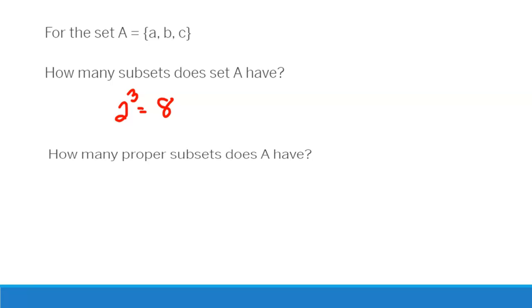So 2 to the third power is 8 subsets. For proper subsets, we can't count the set itself as being a proper subset. So we take that 2 to the third subsets and subtract the one subset that is equal to the original set to get 7 proper subsets.